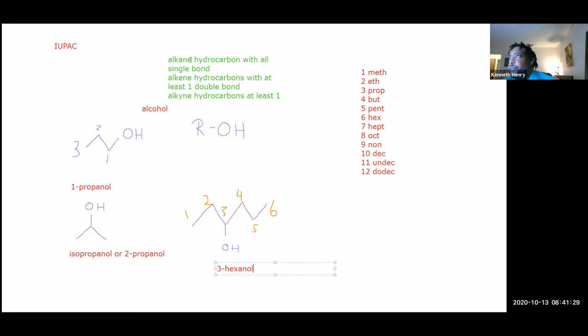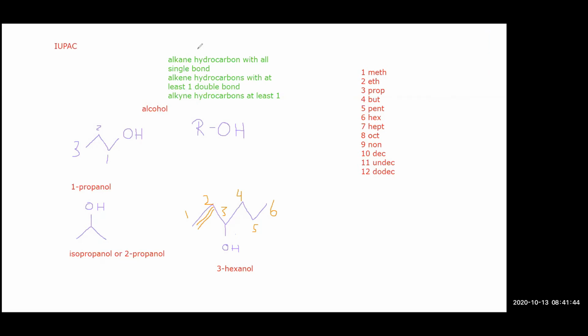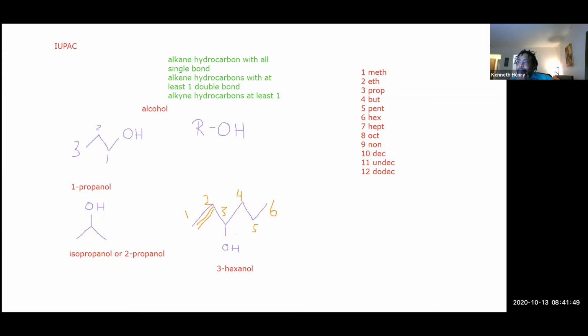So what happens if it's a double bond or a triple bond? Let's say I have a triple bond here. Well, if that happens, I don't know what to call it. Well, let me show you. You have to tell me where the alcohol is. The alcohol has priority over the triple bond and a double bond, and I'll start adding your priority list here in a second. We know it's a yne, so there are 2 ways of doing it.